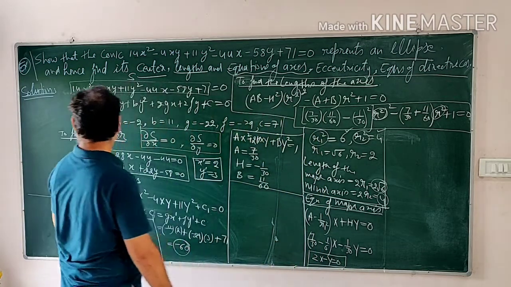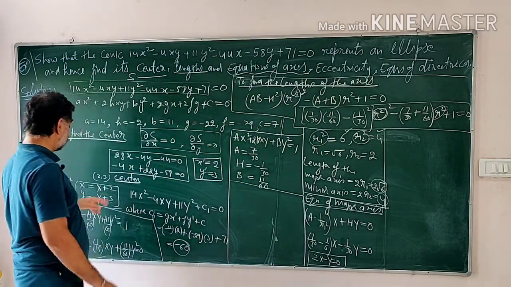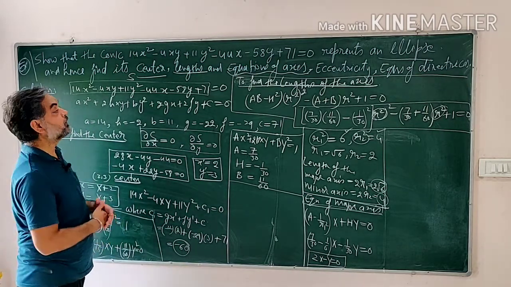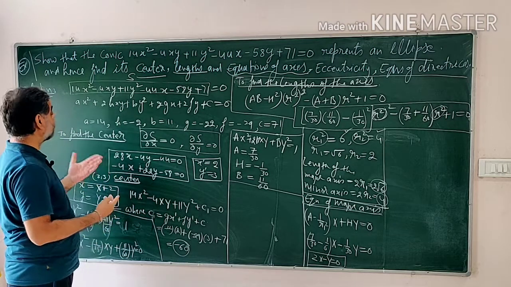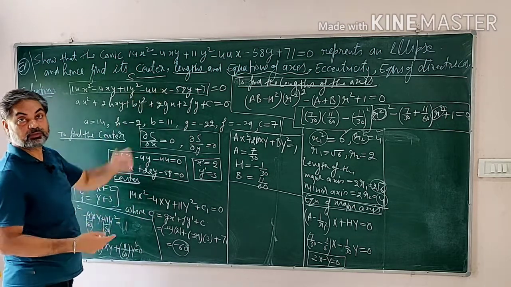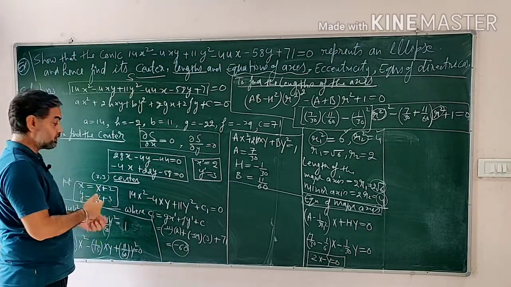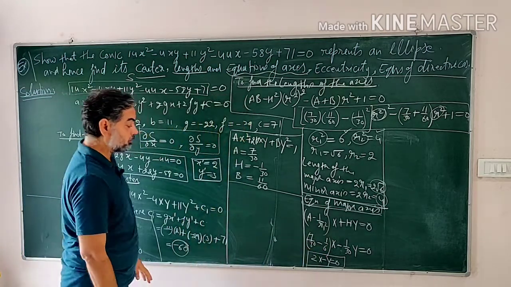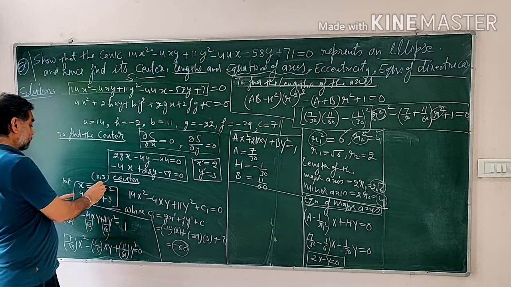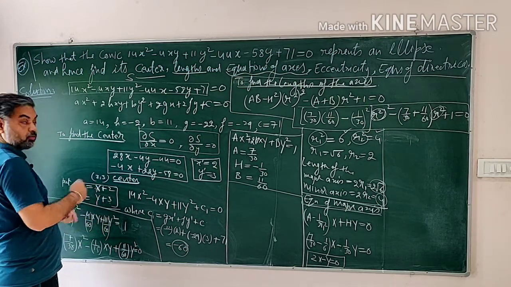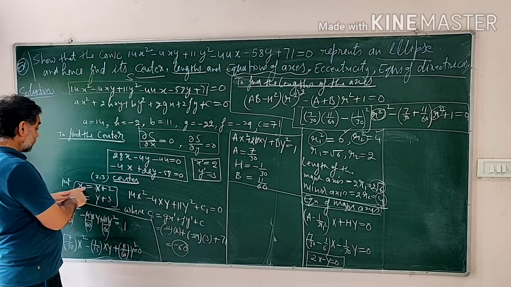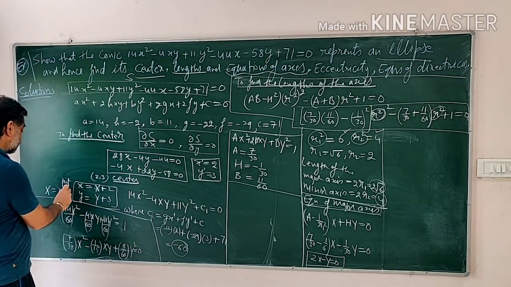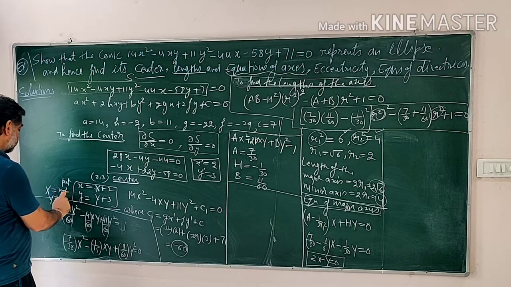Capital X and capital Y are the new coordinates when the origin has been shifted to the center of this conic. But if you want to write in terms of the older small coordinates, then capital X is equal to x minus 2 and capital Y is equal to y minus 3.